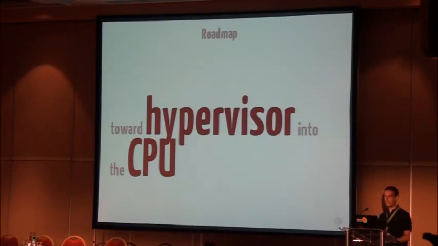Then we had hardware-assisted virtualization. And now we are going, in fact, closer to the physical component. We think that the next step is to put the hypervisor directly into the CPU with a new microcode. Huge impact, huge TCB, Trusted Computing Base. But several papers appeared this year to do this.